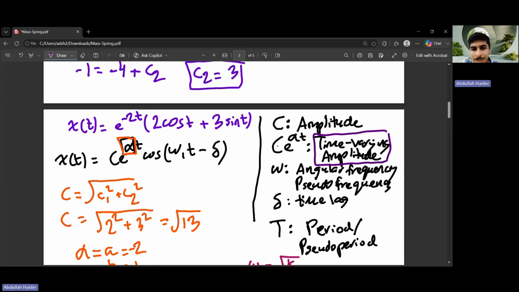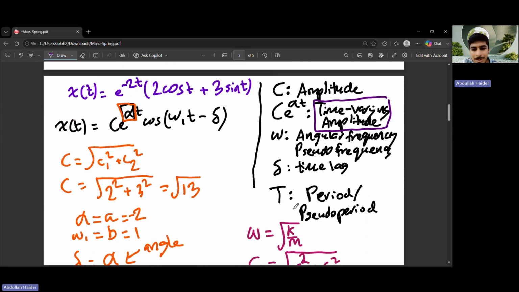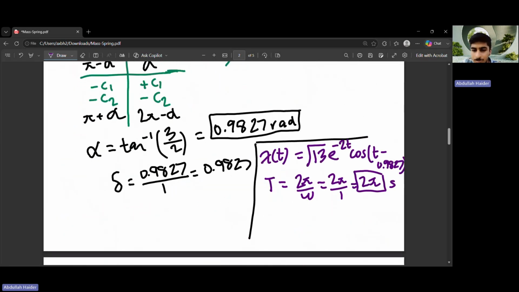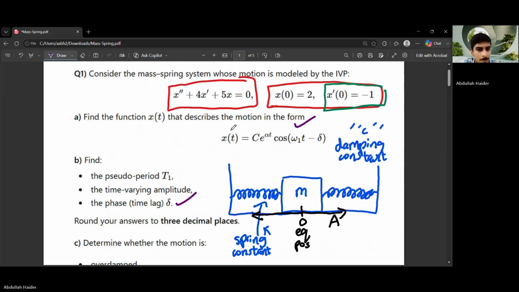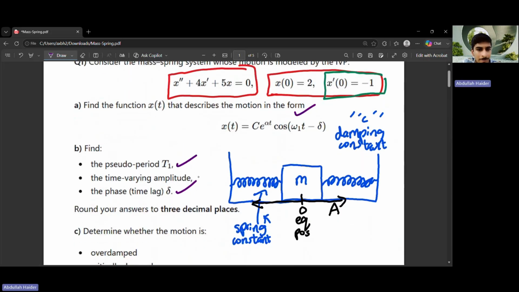It should be C e to the power minus alpha t. So your time varying amplitude is equal to radical 13 e to the power negative 2t. That's it for part B. So we found the period, found the amplitude, and you also need to pay attention to this. I put 0.9827. You can round it to 0.983.